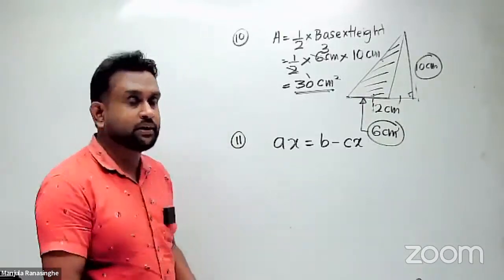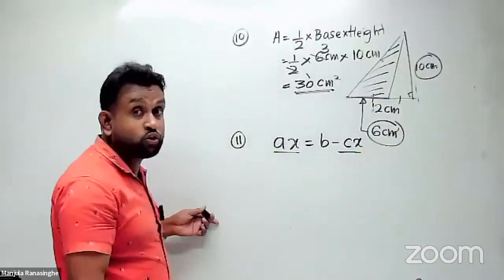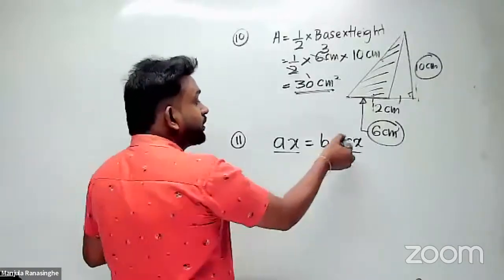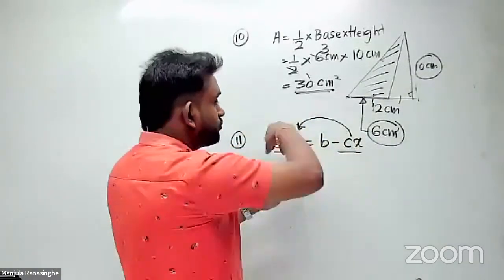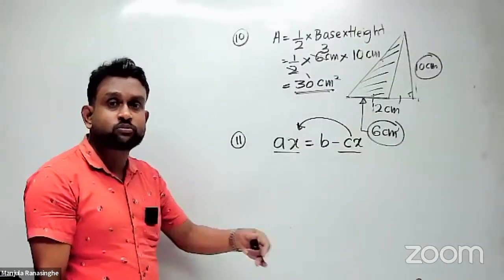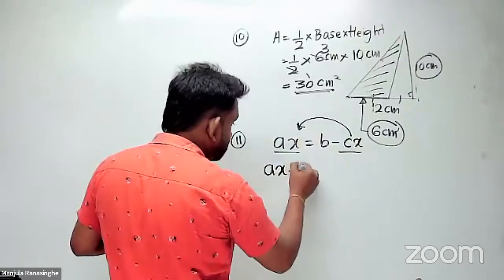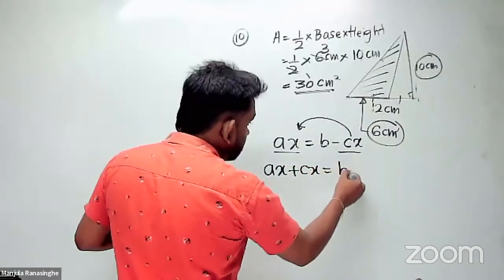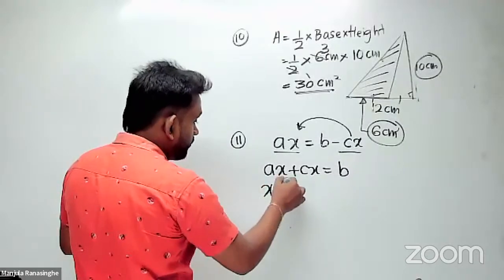Same principle applies. So what I do, ax here, minus cx there, I need to bring the x terms to one side. So I bring this minus cx to the other side. By exchanging through the equal mark, the sign changes. So now minus cx comes as plus cx. Okay, now equals b there. Now x is there in both terms, so I take x as the common factor.